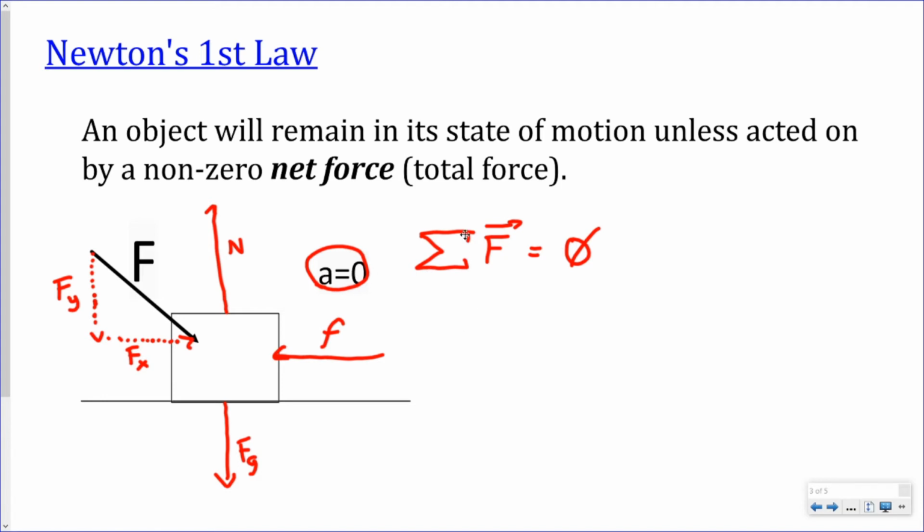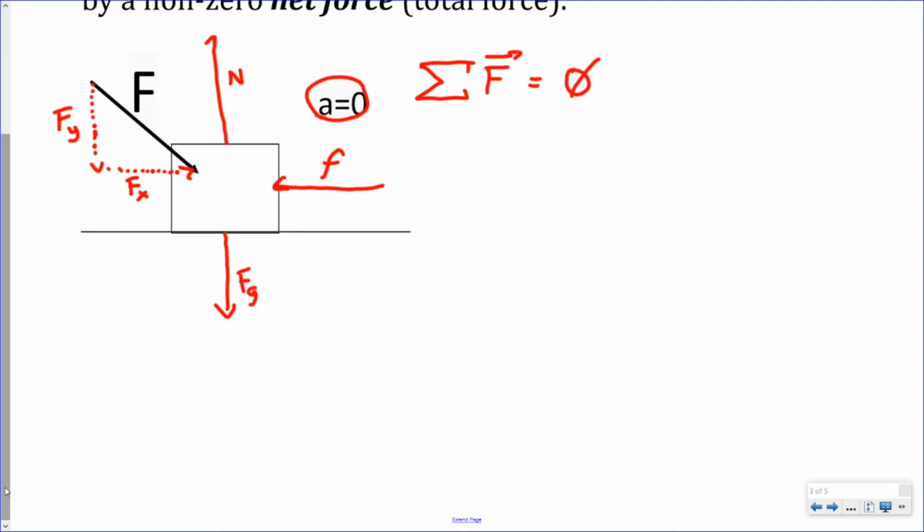Let's actually look at these. Let's break them up into two different categories. Let's look at the x components and the y components. So in the x direction here, what do we know? If the acceleration is 0 and the net forces are 0, what does that tell me about all of the x directions? All of the ones pointed down have to cancel out the ones pointed up, right?